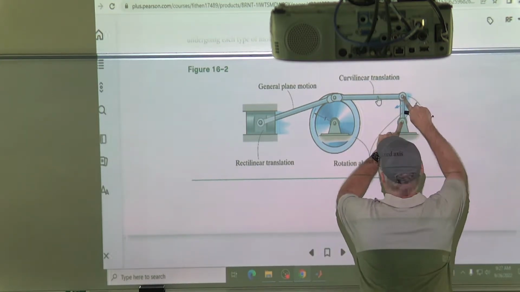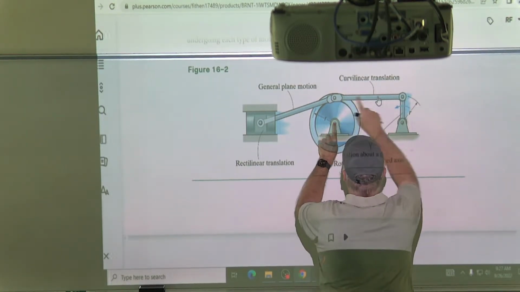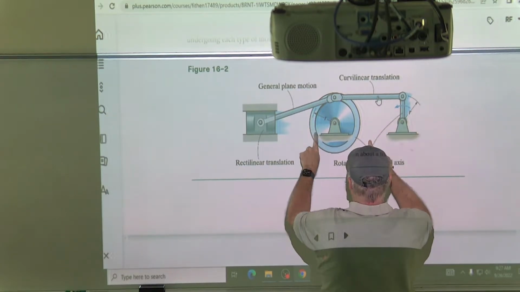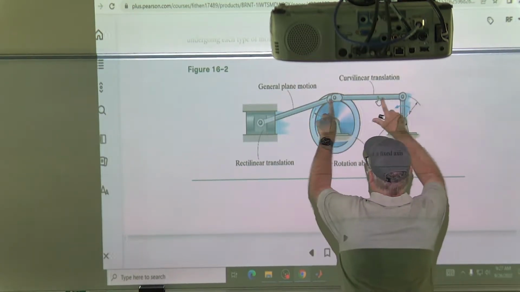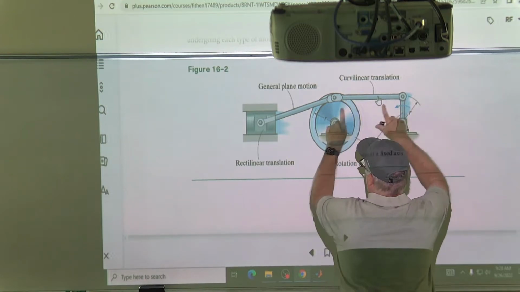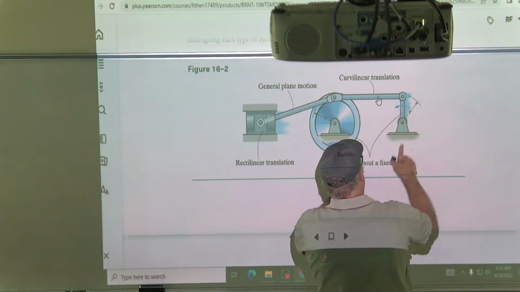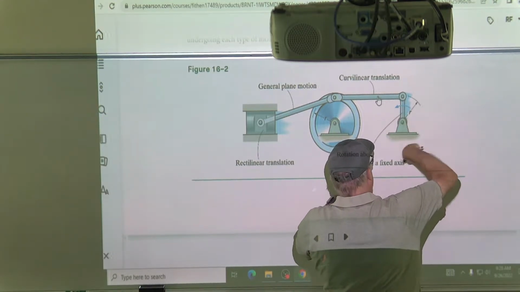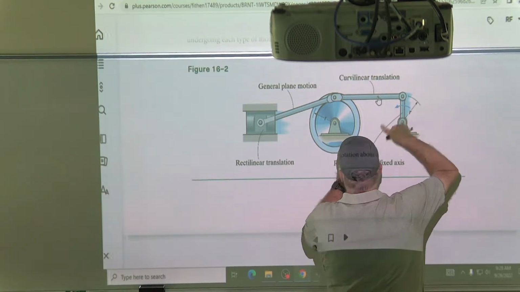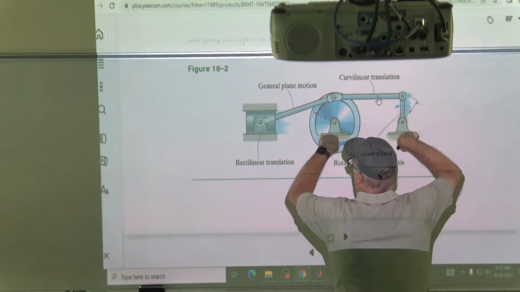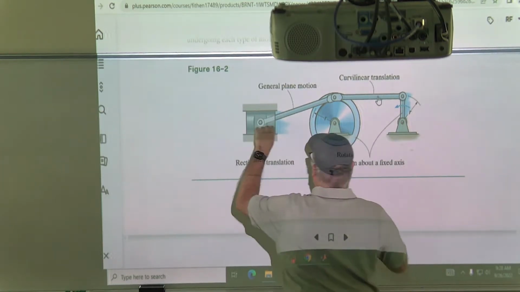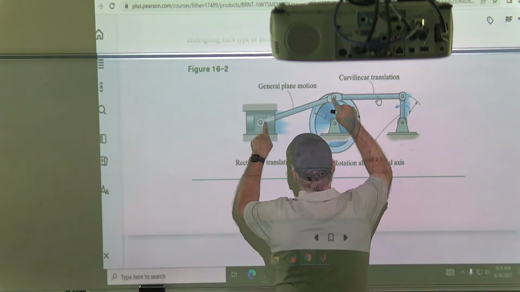If this distance from here to here is the same as here, then this bar just simply does this at all times. It just goes around in circles. This one is rotating about a fixed axis. So it's actually just like that. They just rotate. This one just basically goes back and forth. This one has general planar motion.